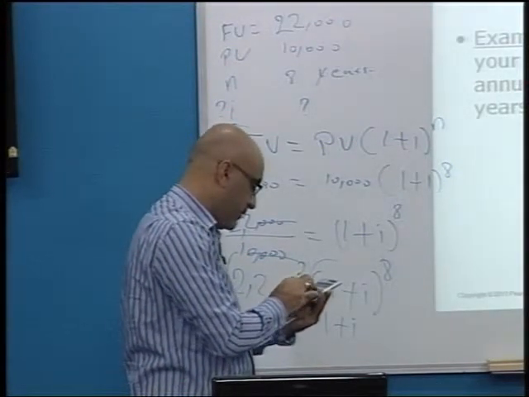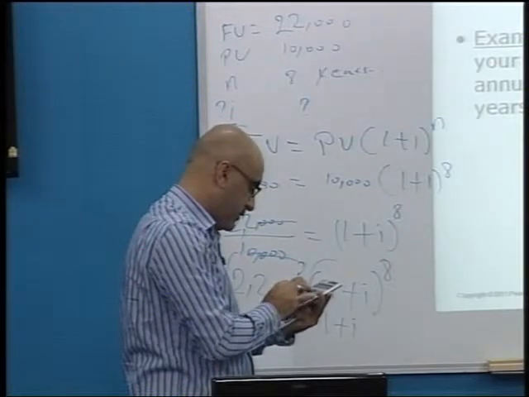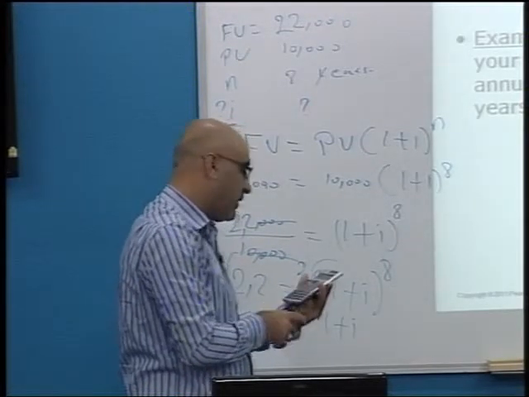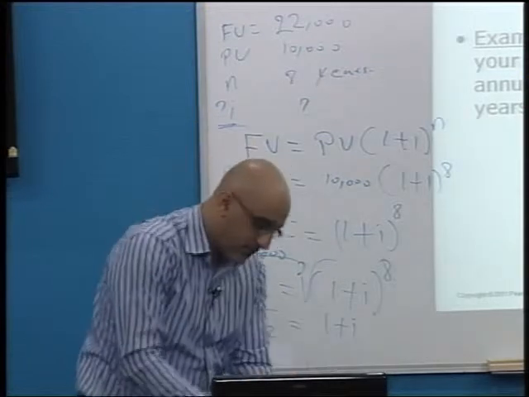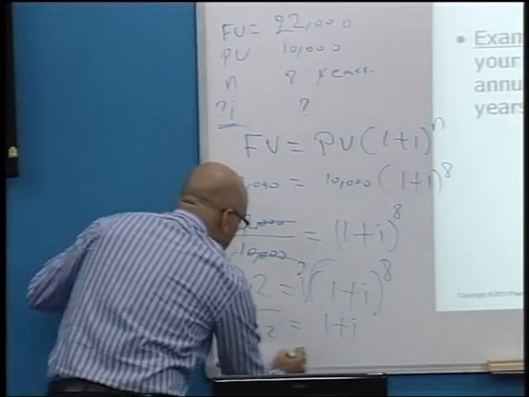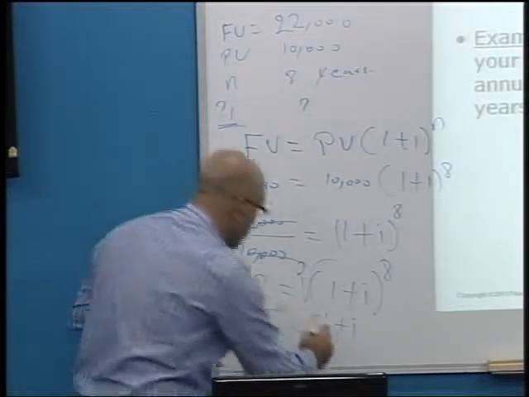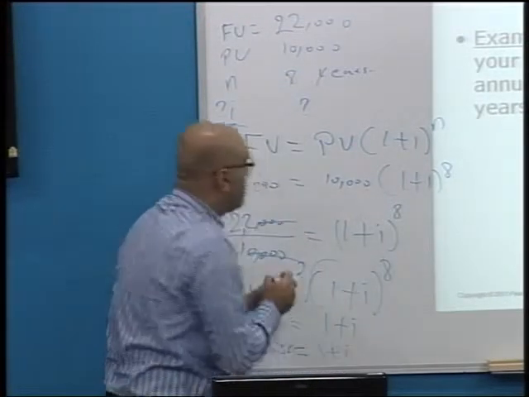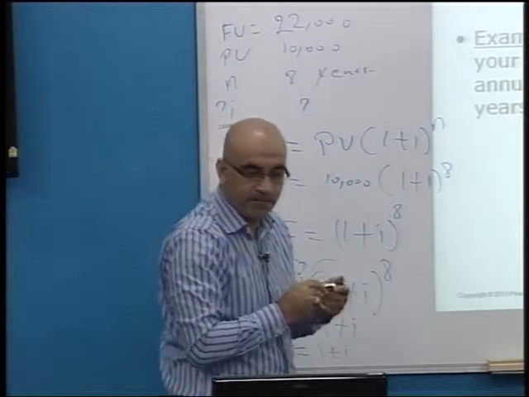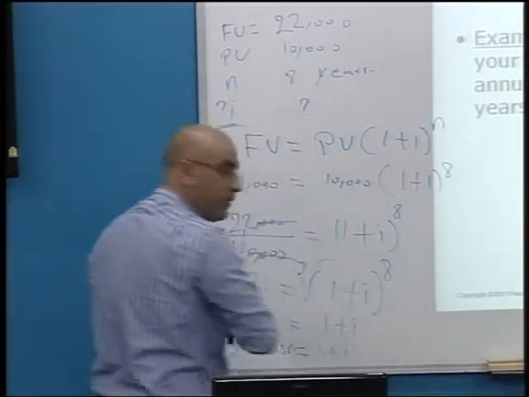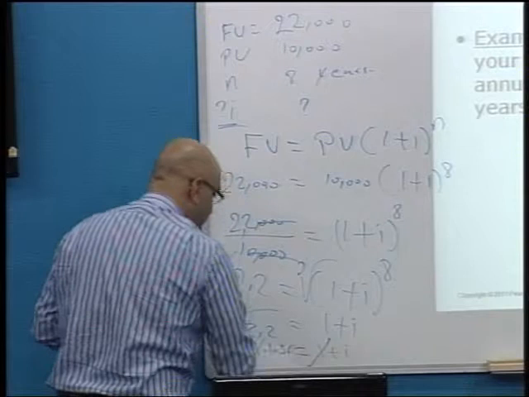So it is equal to 1.1035, which is 1 plus I. So in this case, just remove 1 from here and 1 from here.